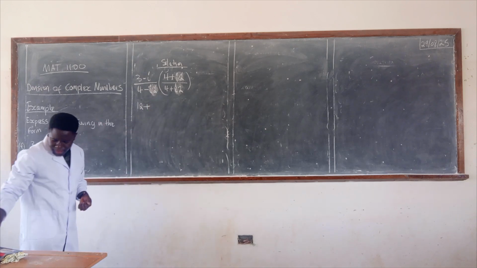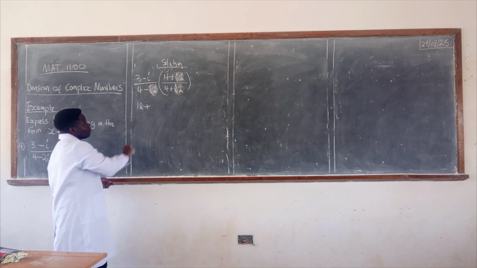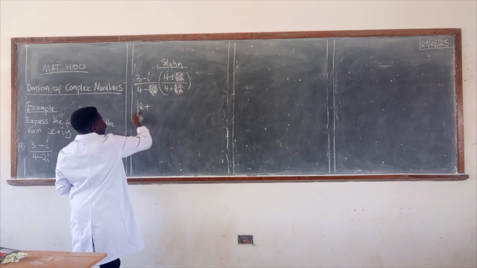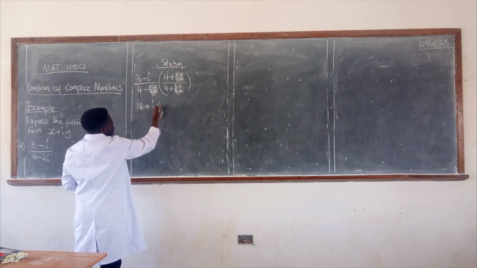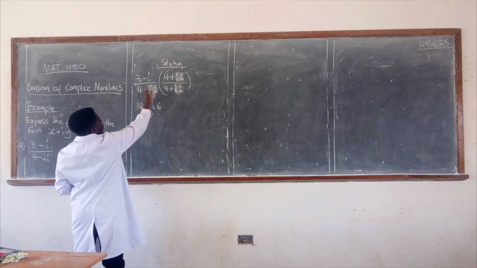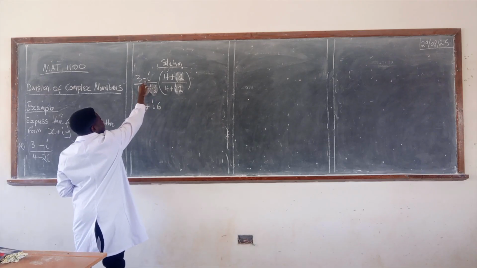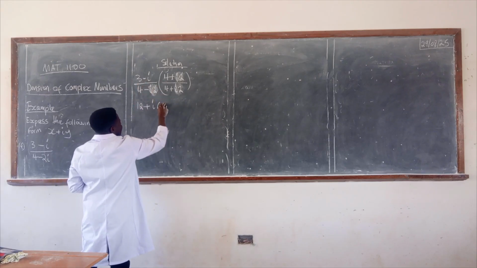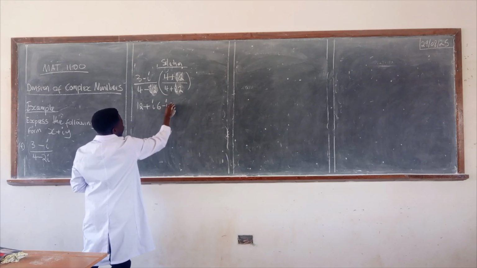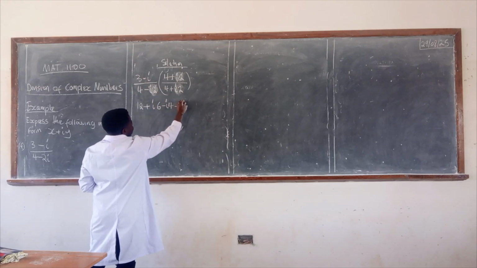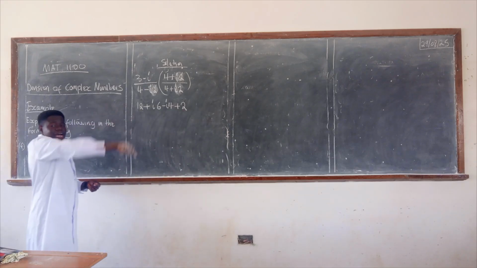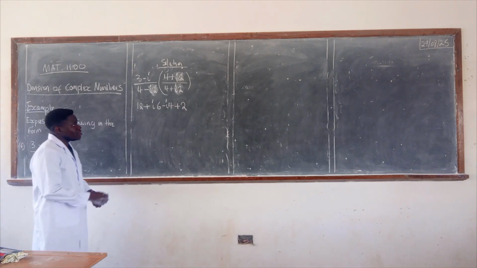So now let's multiply. That times that is giving us 12. 3 times i2 is going to give us i6. We come to the negative i here. Negative i times 4 is giving us negative i4, and negative i times i2 is going to be a plus 2. Remember, i times i is always going to give us negative 1.